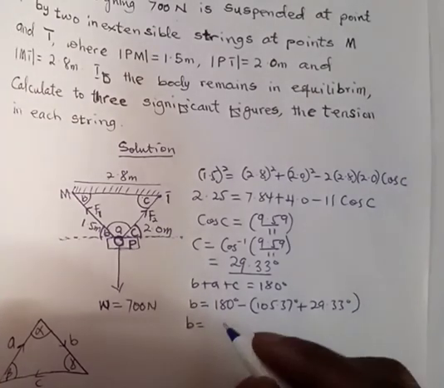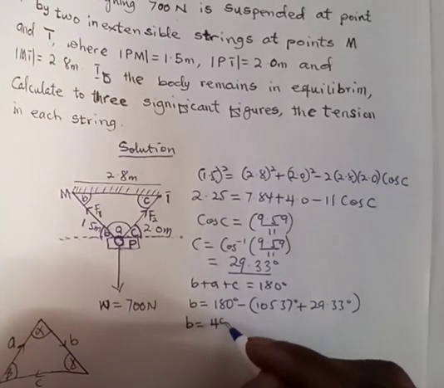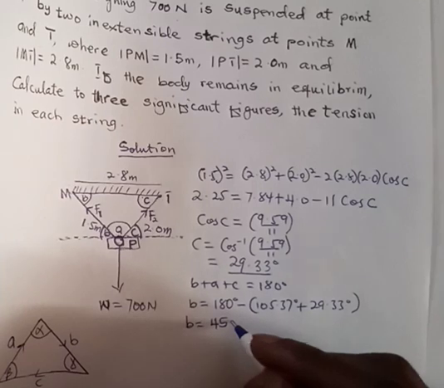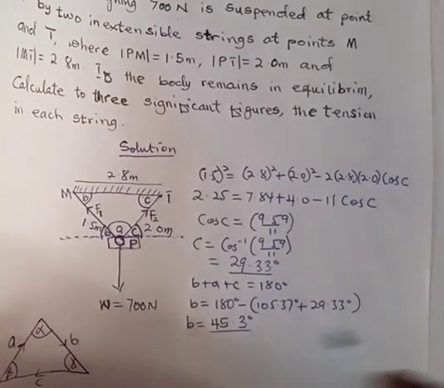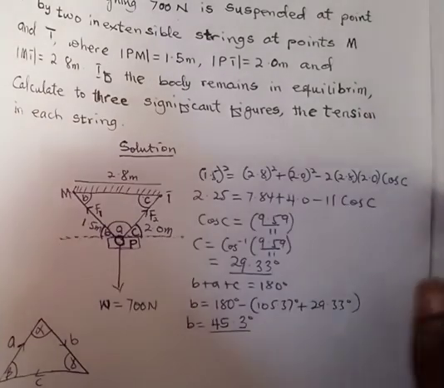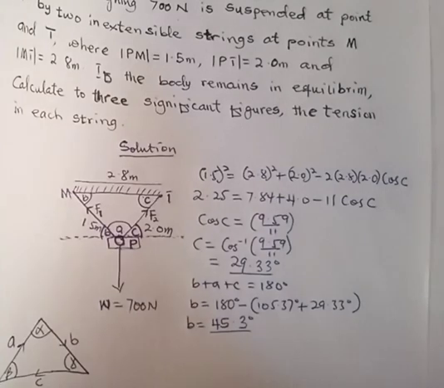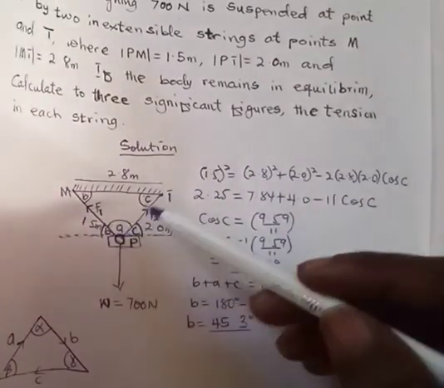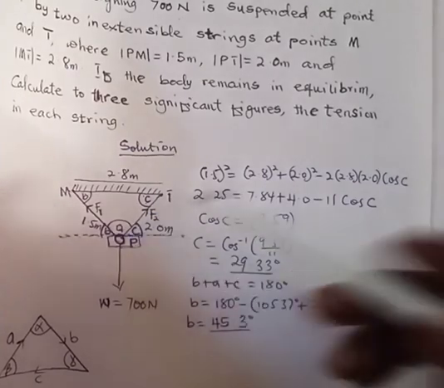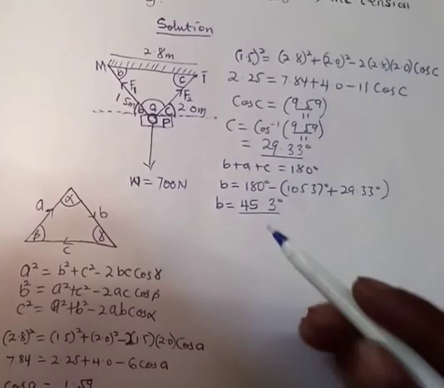So when you sum all of them and subtract from 180, we are getting 45.3 degrees. So these are our angles. Good.